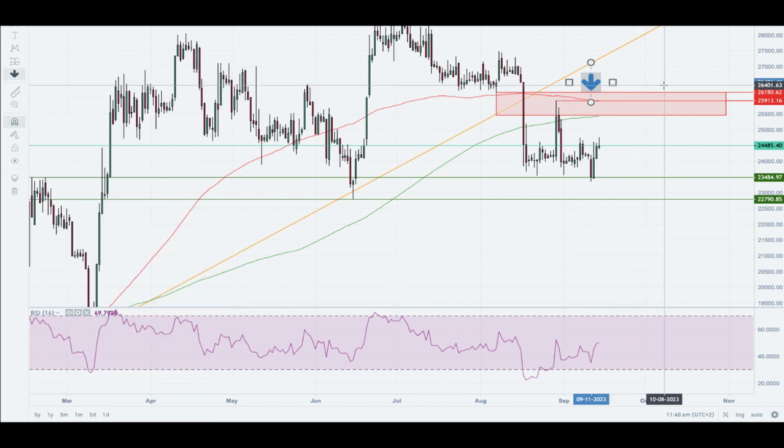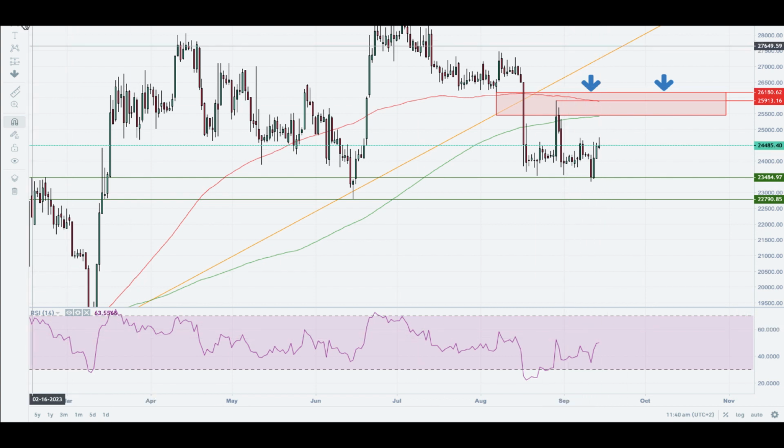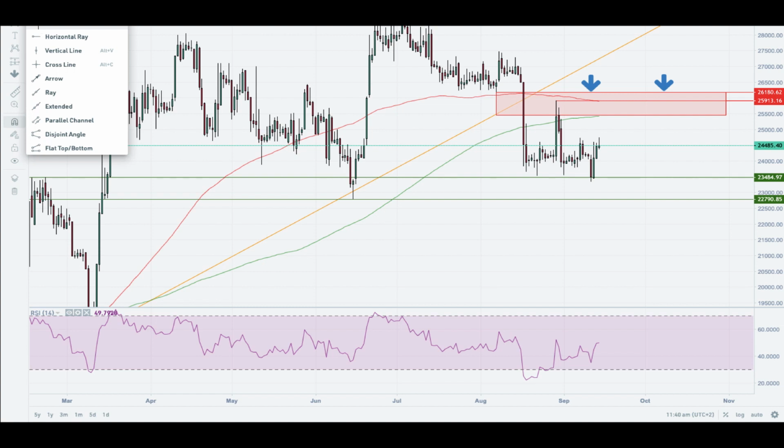For now, there is no indication this zone is under attack. There is no indication it is being tested. Only one attempt was made at the end of August to break above the zone. Nevertheless, the market was pushed down very quickly. So the current situation is rather bearish, and we should expect the market to reverse and move lower.